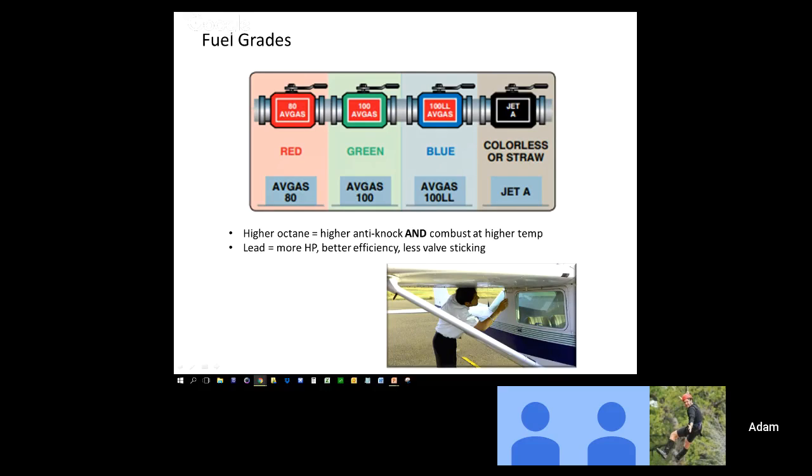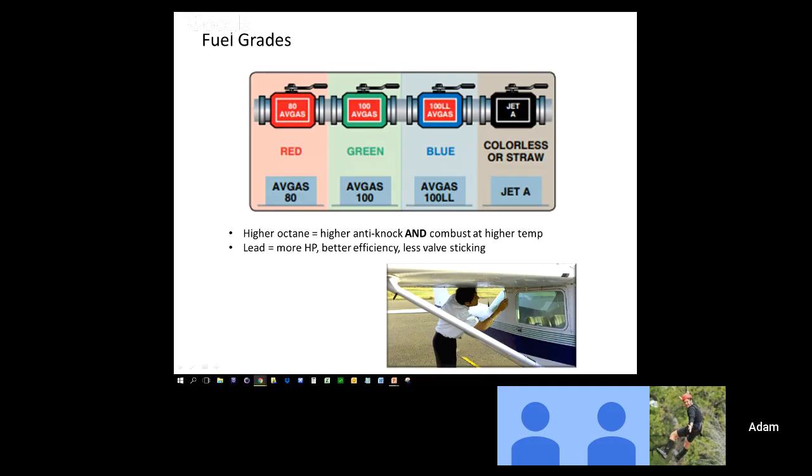four different, I'll call it four major categories of fuel grades. You've got three octane gasolines, or aviation gasolines, and then you've got a kerosene jet fuel. So you've got an 80 octane avgas, 100 octane avgas, 100 octane avgas that contains low lead, so it's called 100LL, and then jet fuel.